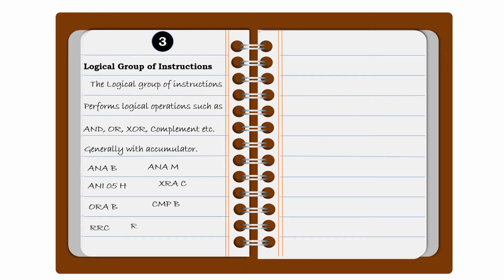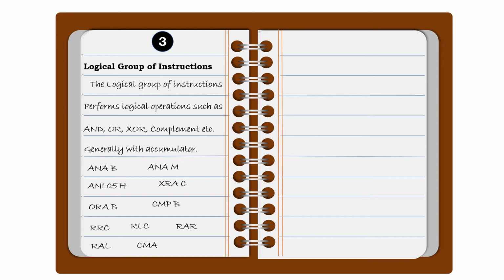Logical operations mean such as logical AND, logical OR, logical XOR, that is exclusive OR, complement, etc. This type of instruction belongs to the logical group of instructions. These logical AND, logical OR, exclusive OR, complement operations are basically done with the accumulator only.